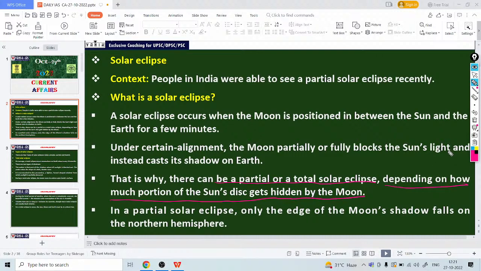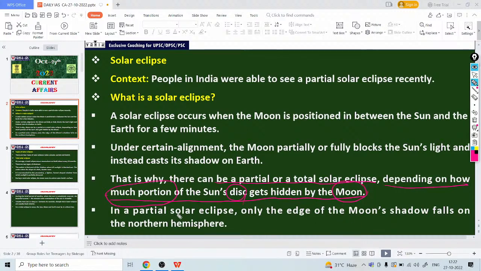Okay, so this is judged depending on how much portion of the sun's disk gets hidden by the moon.